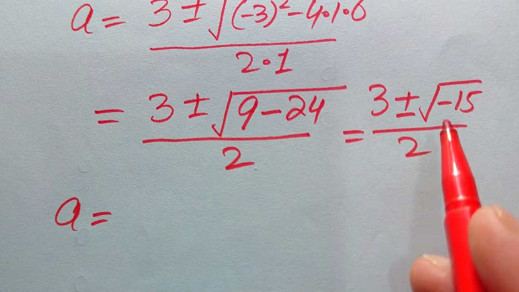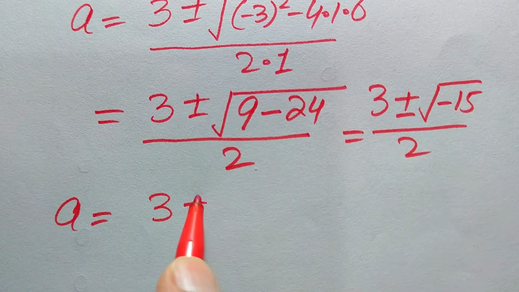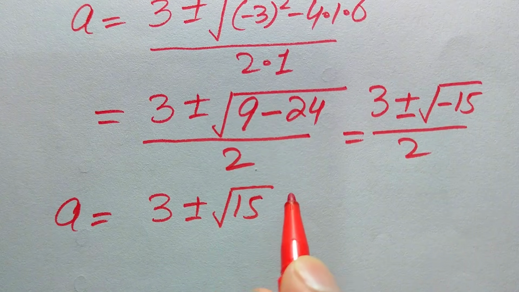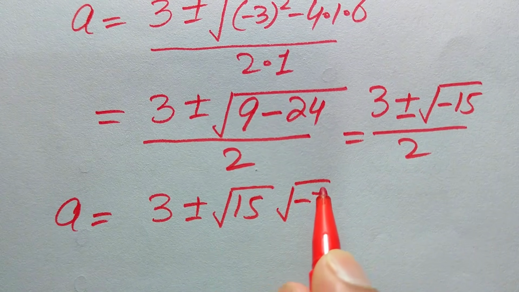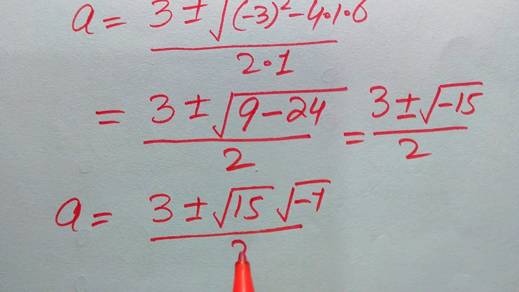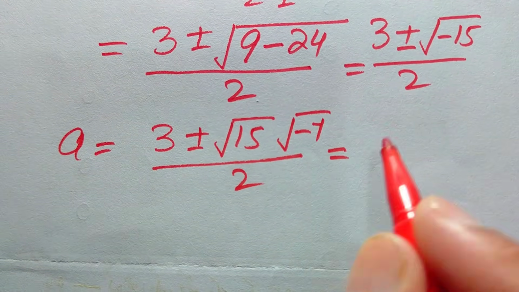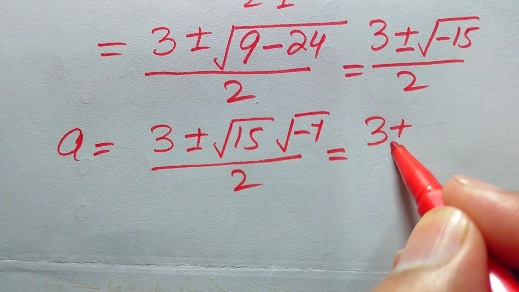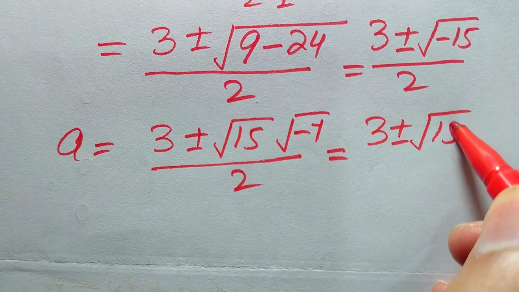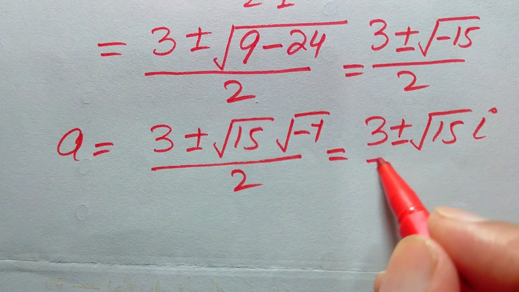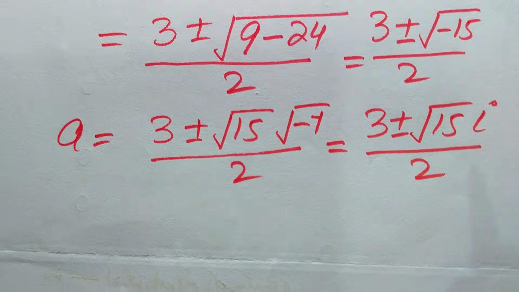So here we break the square root, and we apply the square root separately on both of these values, and we get square root of 15 times square root of minus 1, divided by 2. So finally we have the other two roots, 3 plus minus square root of 15 times, where square root of minus 1 becomes i, divided by 2.